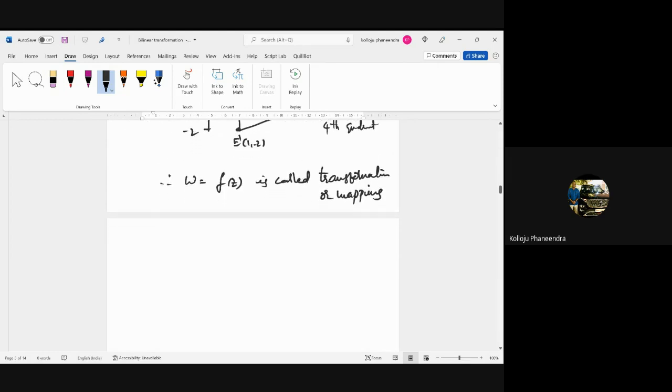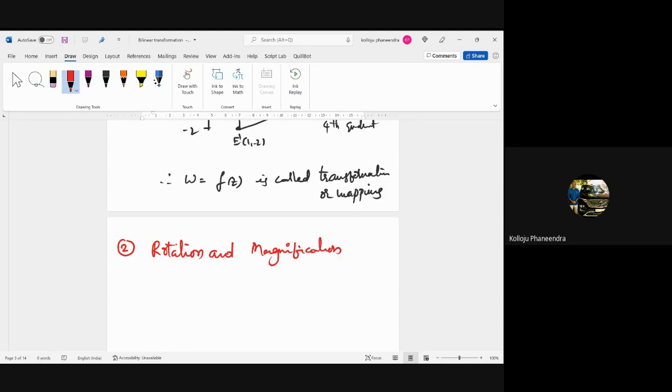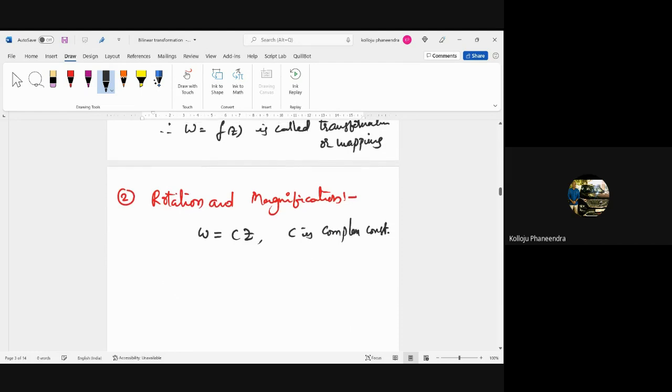Now coming to another transformation, the second one, which is rotation and magnification. What is the type of this one? W equal to Cz, where C is a complex constant.